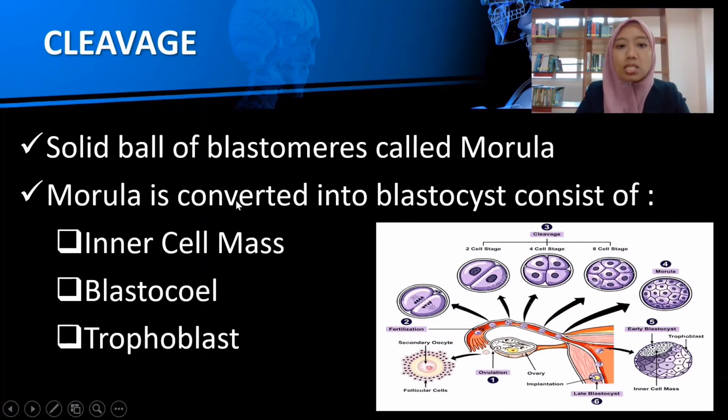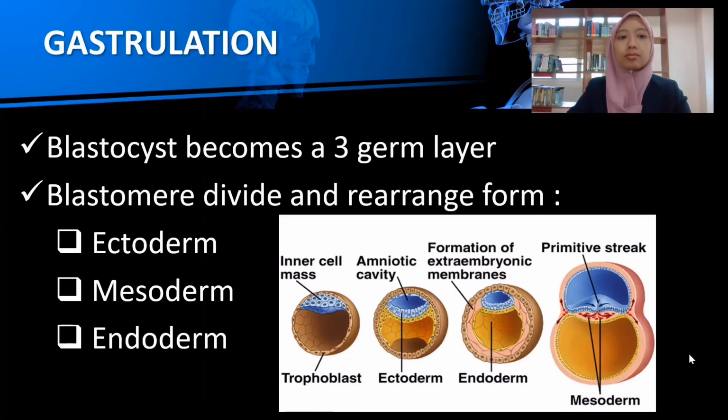The morula is converted into blastocyst that consists of inner cell mass, blastocele, and the trophoblast. Next, gastrulation.